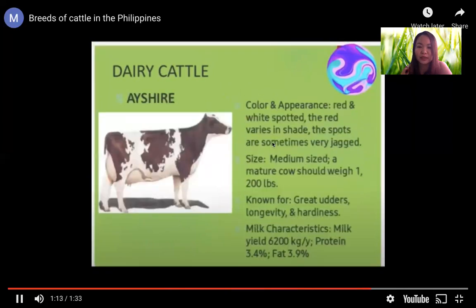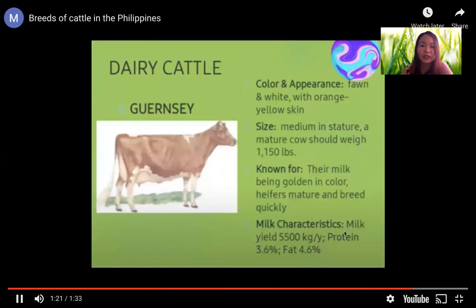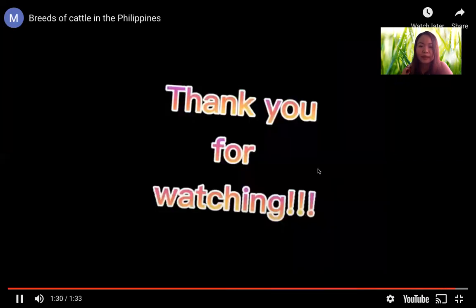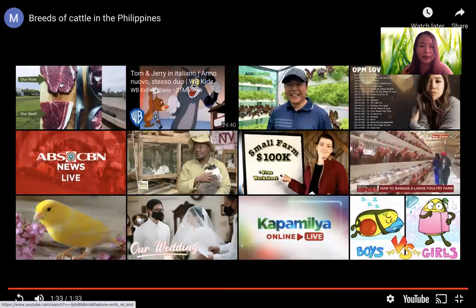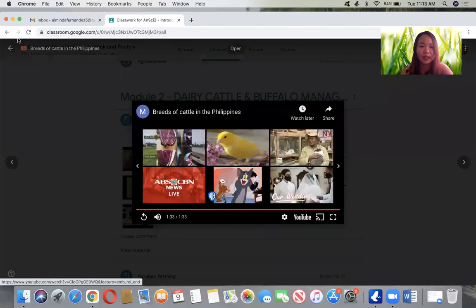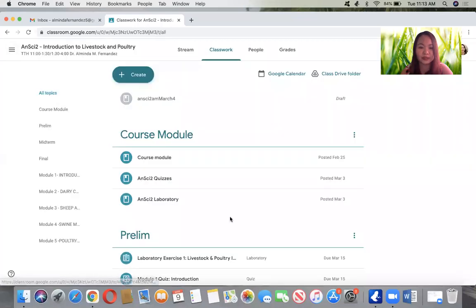And ito naman ang Ayrshire, it's also for longevity, hardiness, and great udders for milking. Ito yung Red Sindhi, no? Also for milk. So now you have seen some of the most common na mga breeds in the Philippines.